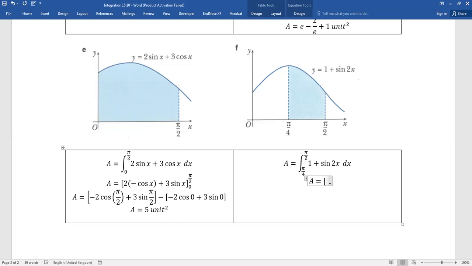Yes, sir. So let's see, what do we get when we integrate this? We get x minus cos 2x upon 2, and the upper limit is pi over 2 and the lower limit is pi over 4. Now, when I plug in these values, not only am I putting them in the cos function, but I'm also putting these values separately in place of x as well.